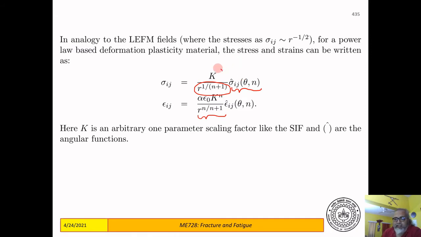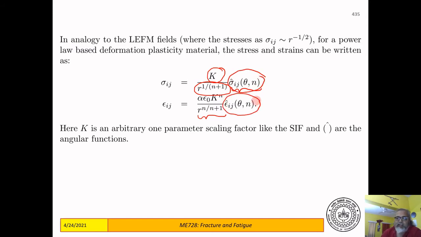And this is not the stress intensity factor, but some amplitude of the singular field that is valid for the hardening case, neglecting all elastic strains. Now, what are these angular functions? We don't know yet.